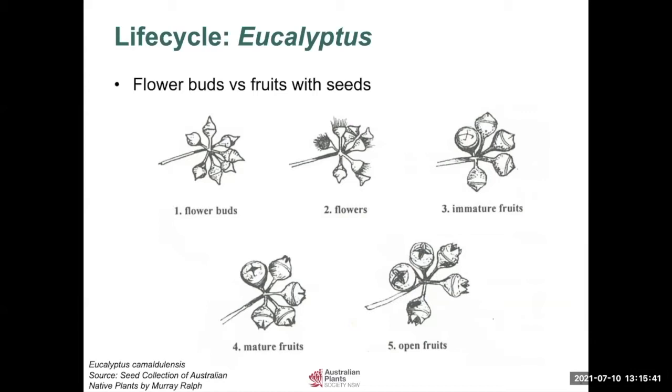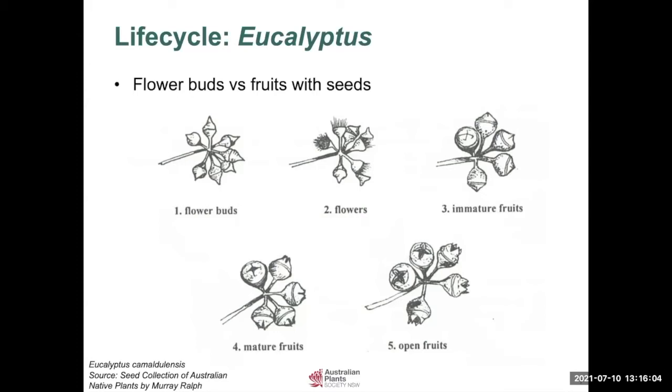So starting with 1, that's what the flower buds look like. And then the cap, the operculum, flips off the flower bud and the flowers start to open. And then in 3, the base of that flower, the ovary structure, develops into the immature fruit. And then in 4, the fruits mature as the seeds develop.